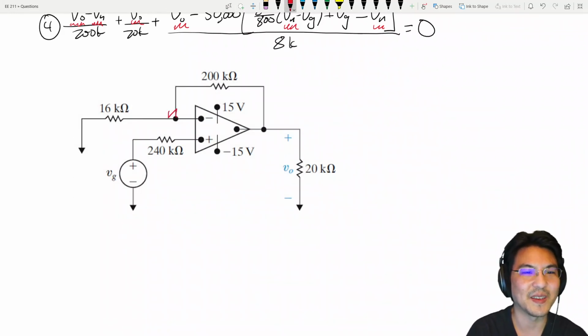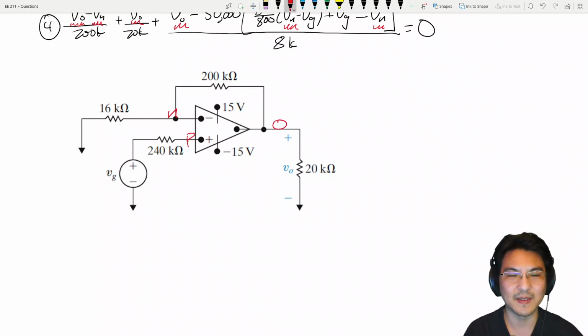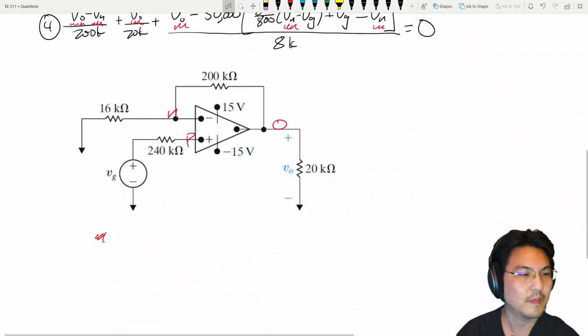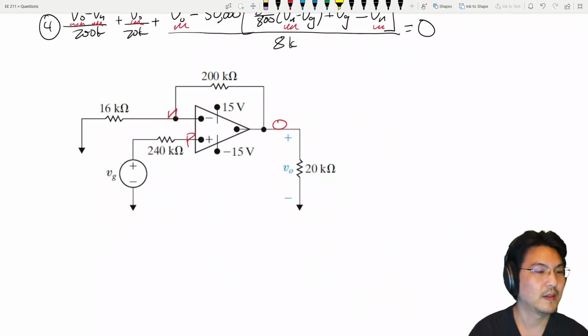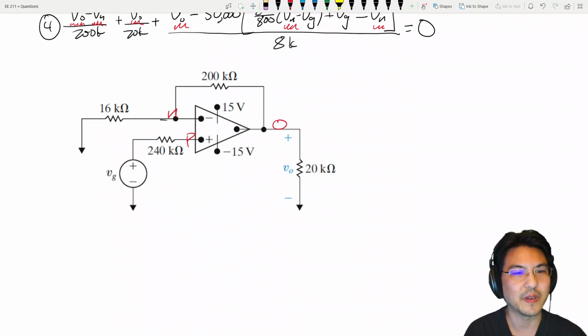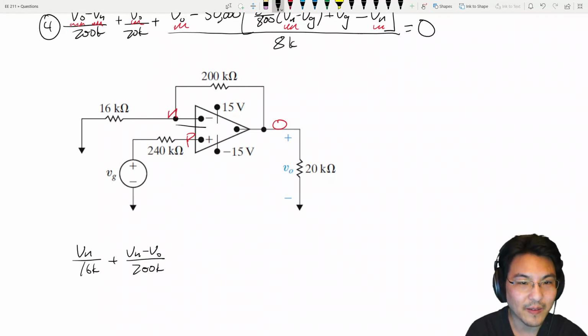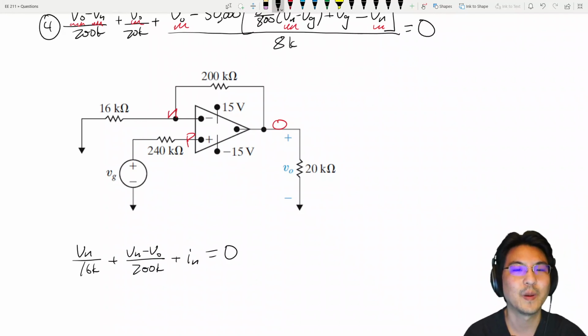So if I say this is N, this is P, and this is my output, then if I write KCL at node N, going this way, Vn minus 0 over 16K, plus going this way, Vn minus Vo over 200K, and then going this way is some current In, equals 0.